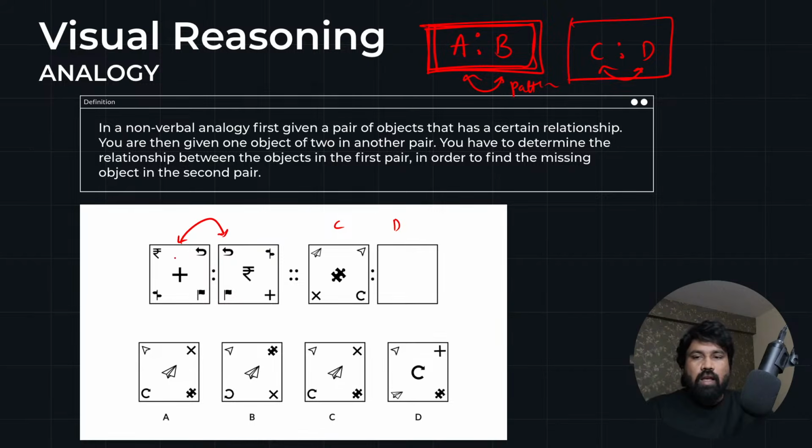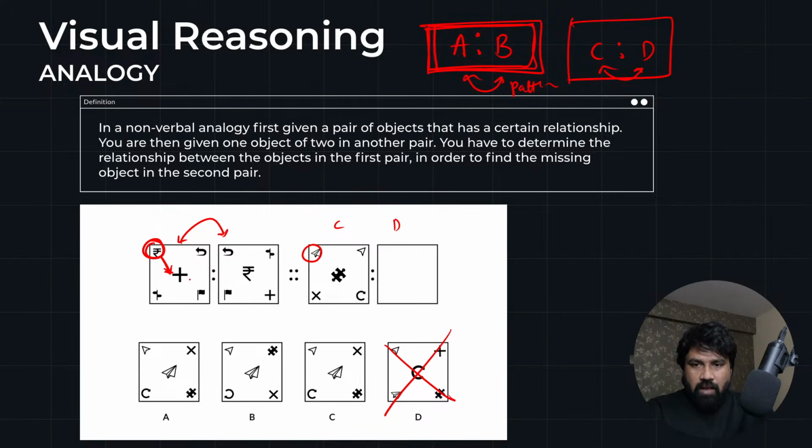Next, see, rupee symbol came to the center. So left top corner is coming to the center. Left top corner is like the telegram symbol. So telegram symbol will come to the center. So D is not my answer. Next.